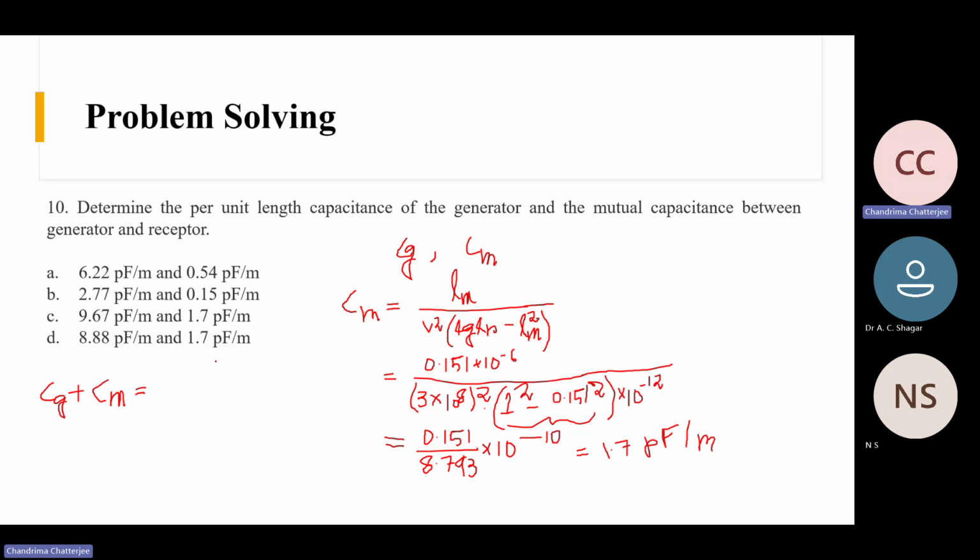Then diagonally we had Cm like this. This is Lg by V square, Lg Lr minus Lm square.